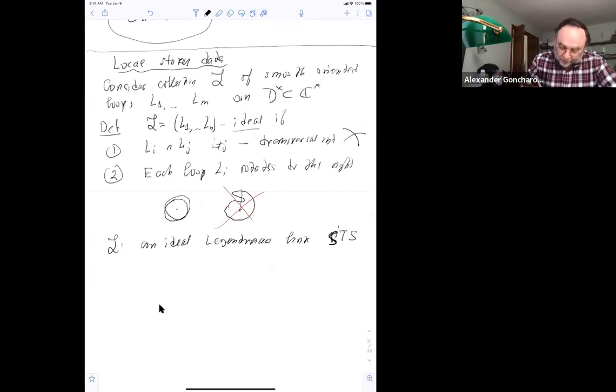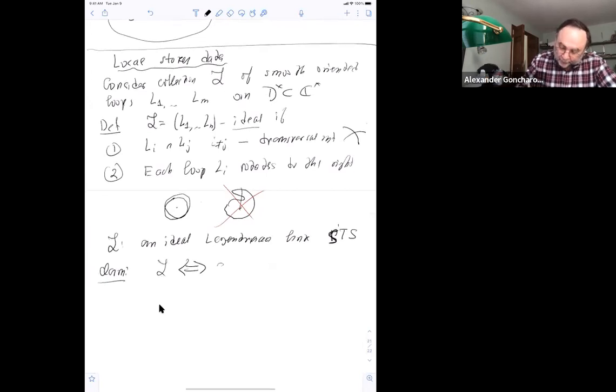And actually, it's very easy to see that L is the same thing as an element of the cyclic envelope of the braid group, of the positive braid group. So we can consider the semigroup of positive braids, and we take its cyclic envelope.